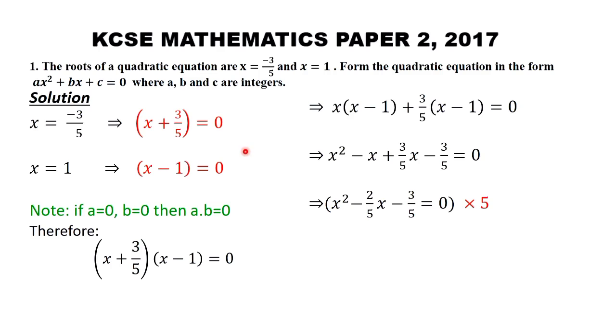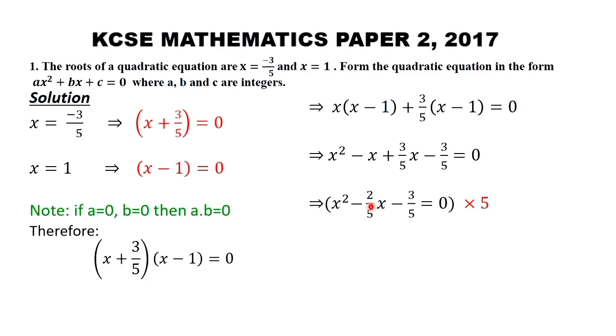But remember, we were told to leave the quadratic equation in the form ax squared plus bx plus c is equal to 0, where a, b, and c are integers. So for this particular case, we are not going to retain these fractions, so we look for a way to eliminate the fractions.